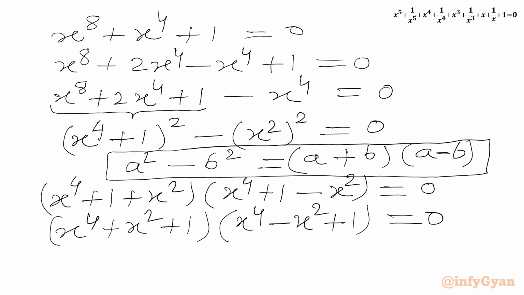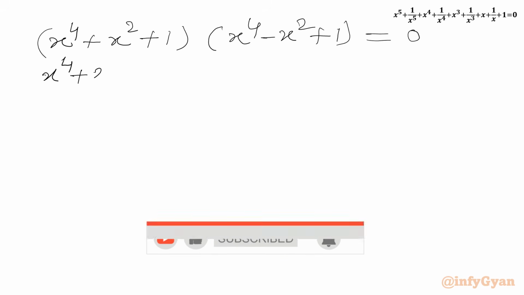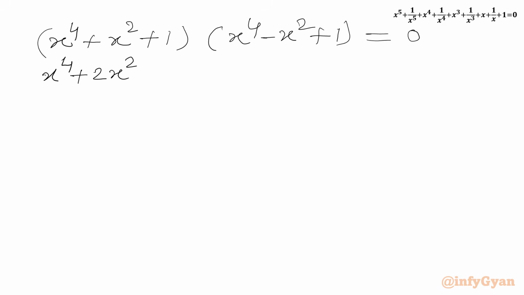Again we can further factorize these two brackets. Let me write equation here. Here it is. Now we will write x power 4, x square, we'll write again 2x square, then minus x square. Then only we will get 1x square. But I will write plus 1 here, then we will write minus x square.